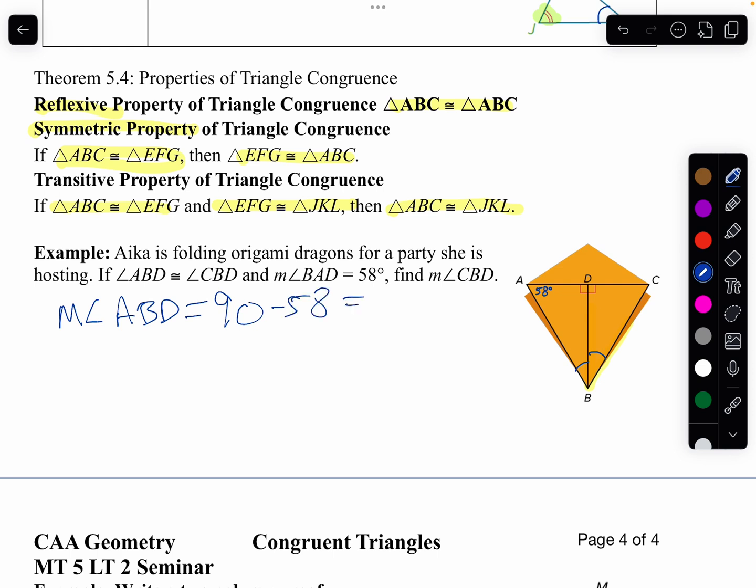And 90 minus 58 is 32 degrees. And since ABD is congruent to CBD, I know the measure of angle CBD is 32 degrees. And there we have it, using your third angle theorem.